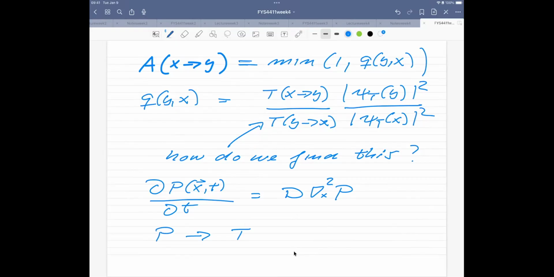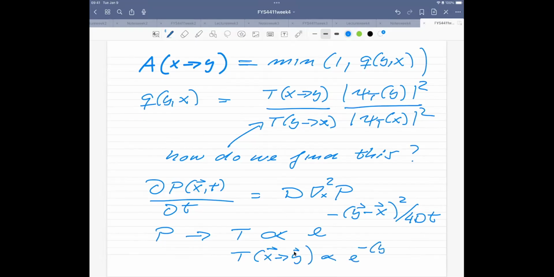And this function is proportional, when we look at it, it's going to be a Gaussian, proportional to e to the minus y minus x, the new position, squared, divided by 4 times D times t. So suppose that this t, going from x to y, is proportional to this quantity, e to the minus (y minus x) squared divided by 4Dt.